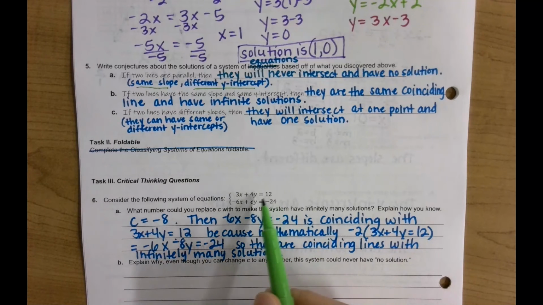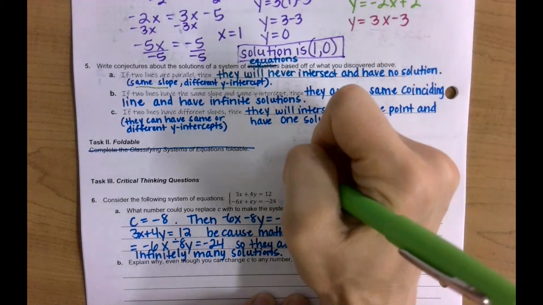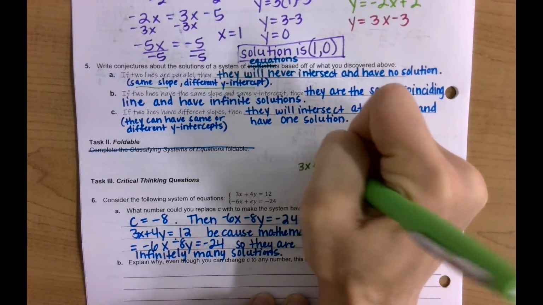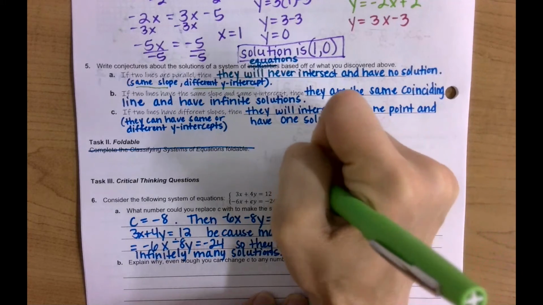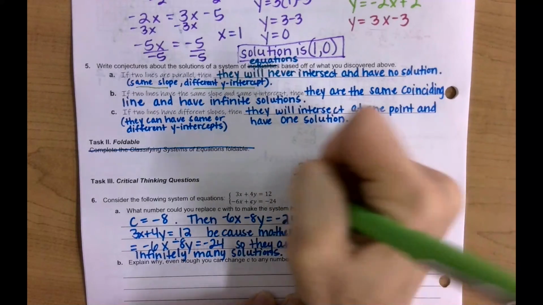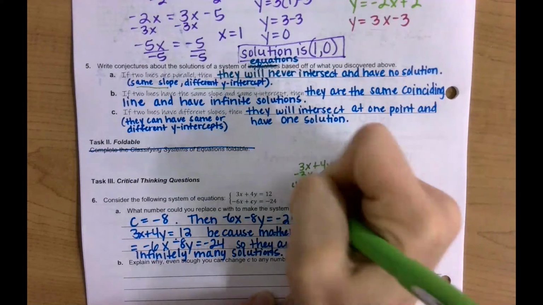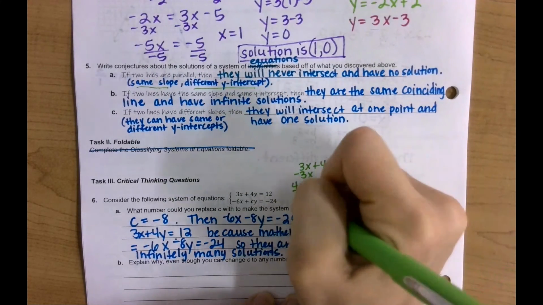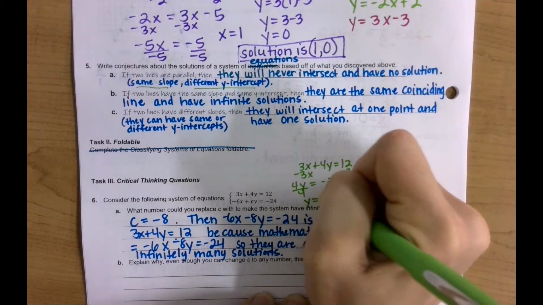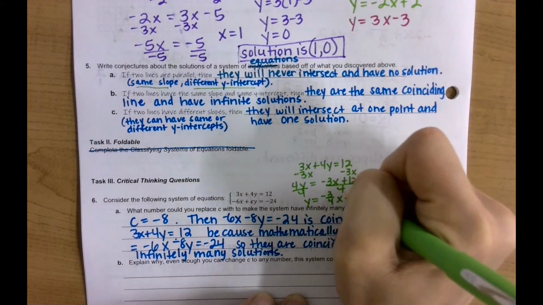So I want to rearrange these into slope-intercept form just to better understand them. If I have 3x plus 4y equals 12, minus 3x to both sides, 4y equals negative 3x plus 12. Divide everything by 4, y equals negative 3/4 x plus 3.